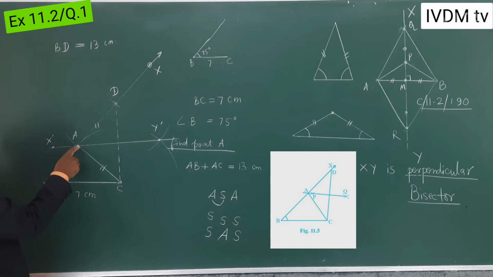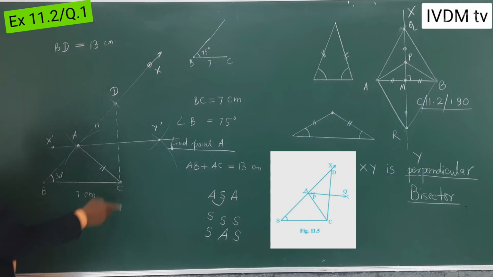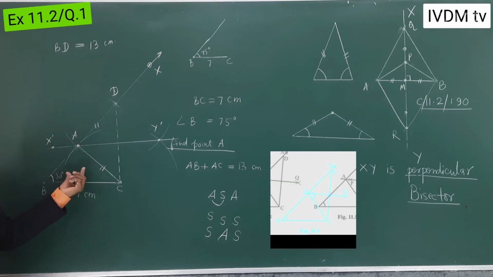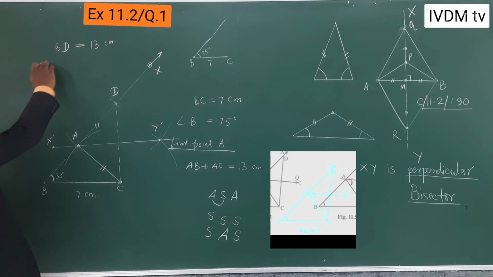It cuts BD at point A. Okay, draw perpendicular bisector of DC. You get point A. Join AC. This is the required triangle ABC. BD is equal to 13.